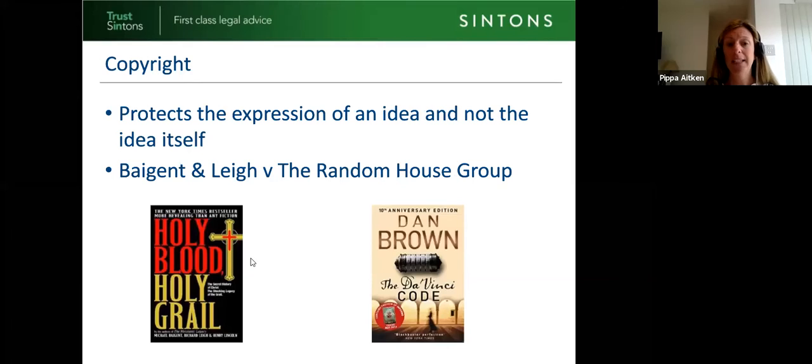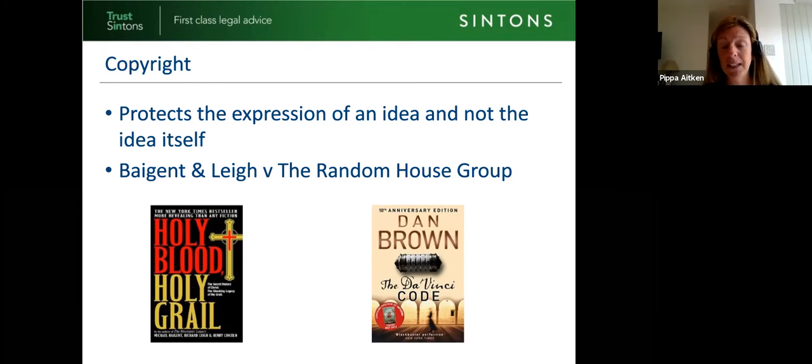Copyright protects the expression of an idea and not the idea itself. So two people can have very similar ideas, but until it's expressed in writing, it won't be protected. A good example of this was the authors of Holy Blood and Holy Grail, who sued Dan Brown's publishers for copyright infringement.